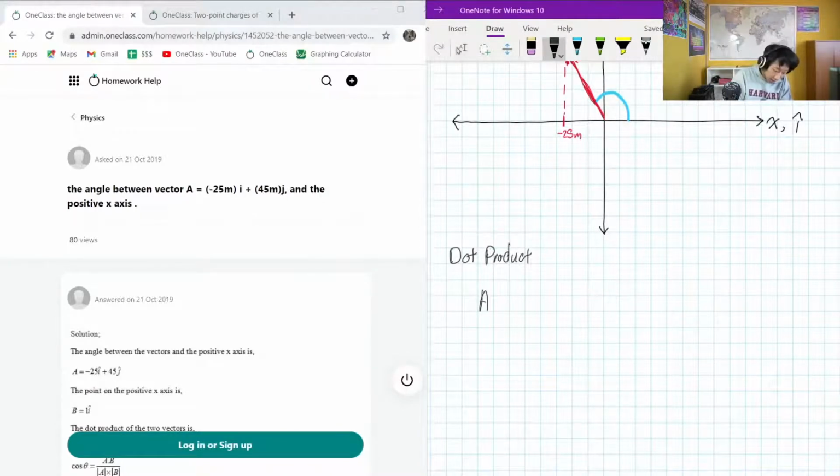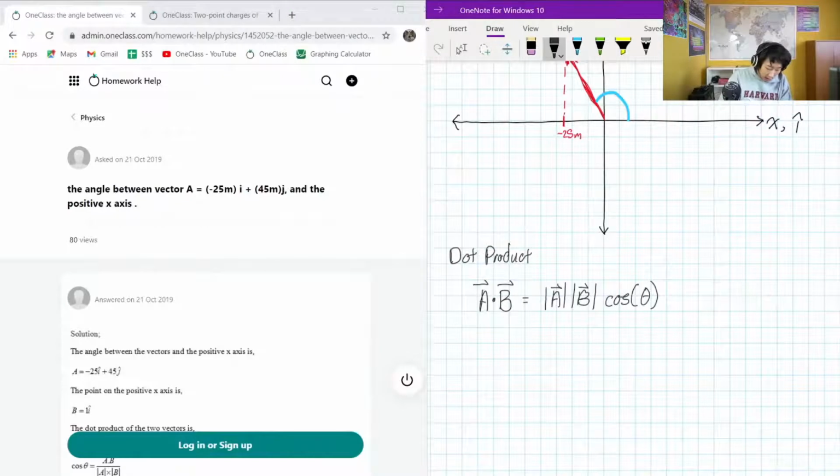When we have two vectors dot producted together, the result of that is the magnitude of the two vectors multiplied together, and the absolute value means the magnitude of the vector. We multiply that by the cosine of the angle that separates them. And this is the main dot product formula that we want to keep in mind.